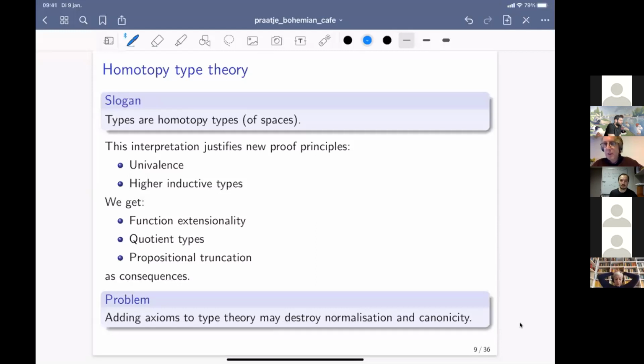One of the problems, however, is that it's nice to have an interpretation of type theory as a certain kind of geometric structure, which suggested all these things that you wanted to have in any case, but at the same time, you can't just add those principles brute force to your type theory without destroying all these nice computational properties like normalization and canonicity that I mentioned before.